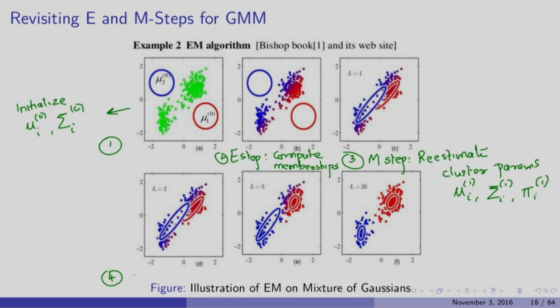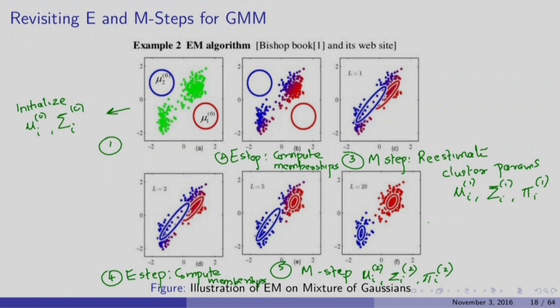Step 4, like before, is the E step, which doesn't change the ellipsoids as such, but you re-estimate memberships. So what changes here are the shades which indicate the memberships. In step 5, you again perform an M step, re-estimate the parameters mu I for each class, sigma I and pi I, and so on.